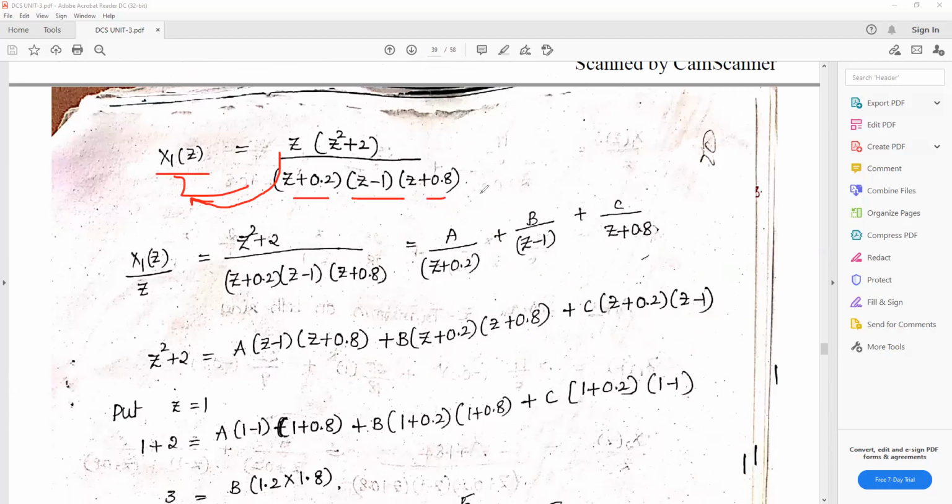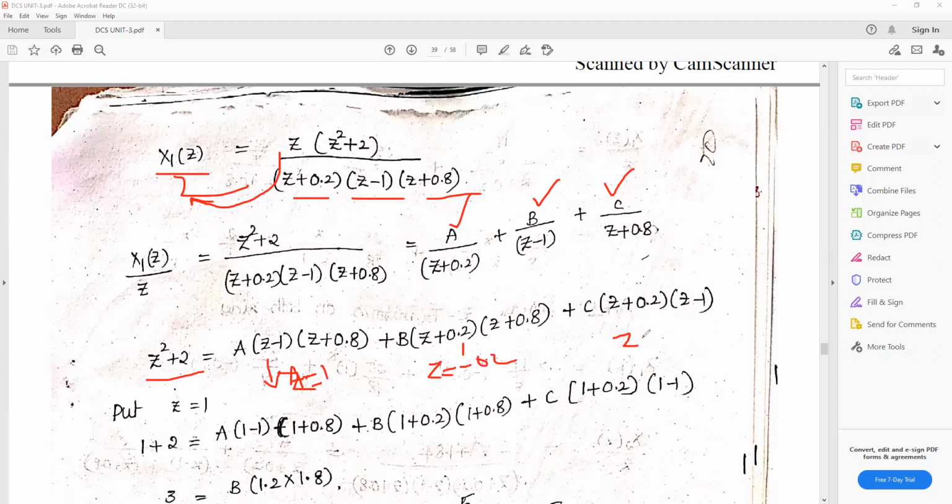Calculating the partial fractions, calculate the A, B and C values. A value, B value and the C value. So z square plus 2 on the left side. First z minus 1, so z is equal to 1, and the second z is equal to minus 0.2.